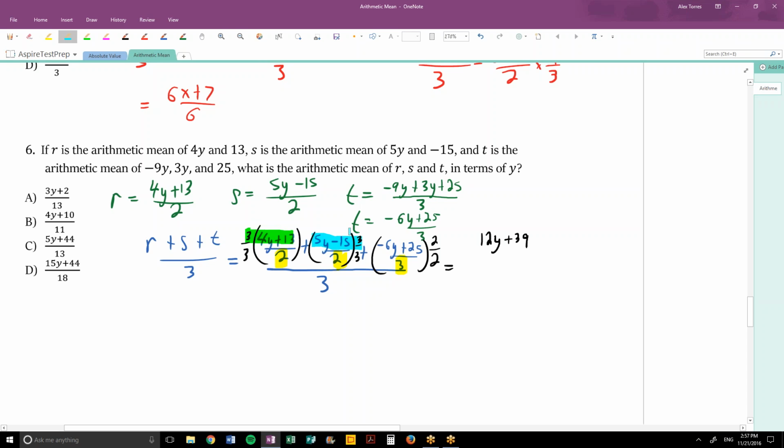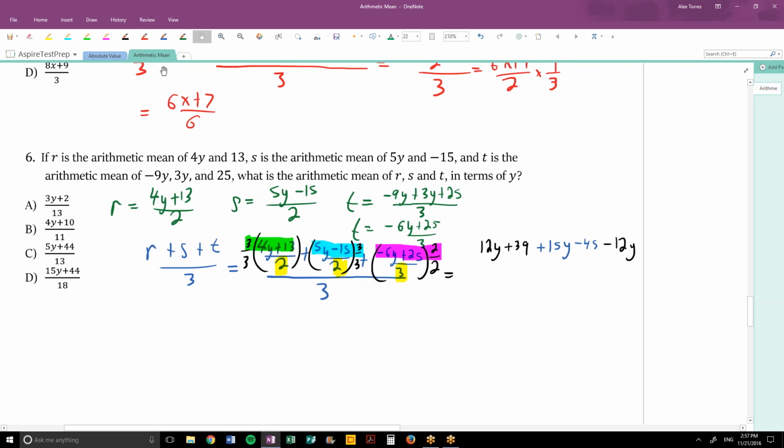Distributing the blue, 3 times 5y minus 15, so that's 15y minus 45. And now, distributing this purple piece here, we have 2 times minus 6y plus 25. So that'll be minus 12y plus 50.